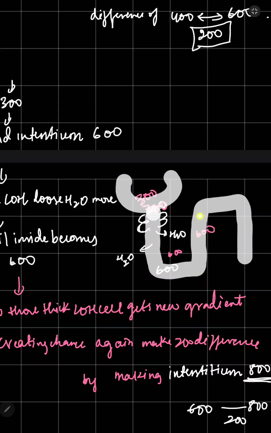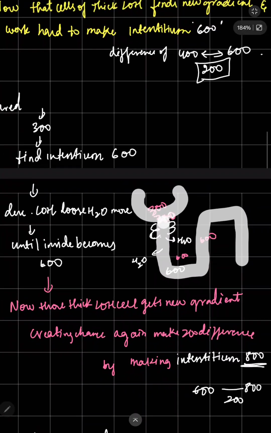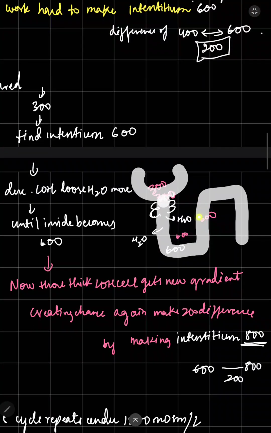Now the 600 fluid again reaches the thick part, where again these thick part cells work on this, creating a gradient of 200 and taking up the solutes into the interstitium, making the interstitium 800, right, which is 200 more than the luminal fluid.